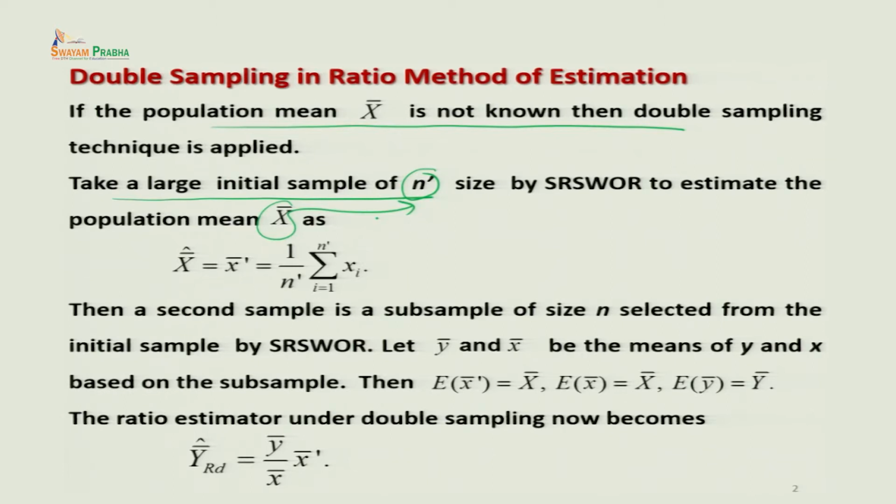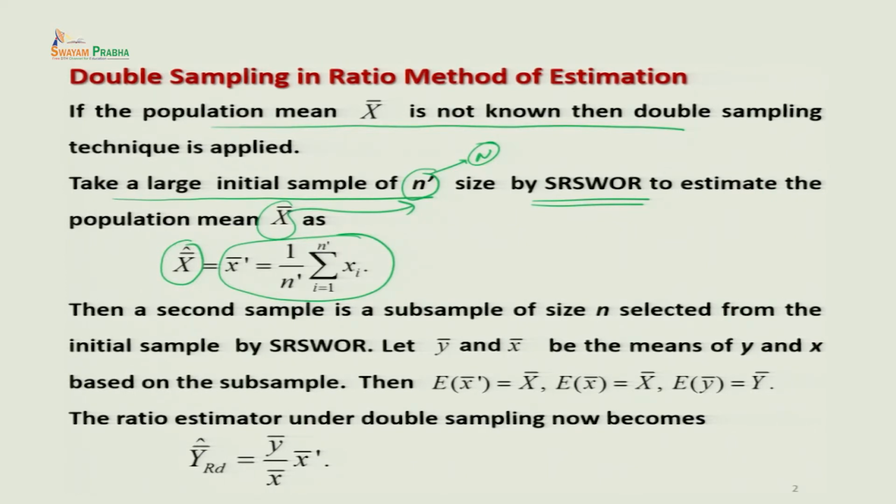Since we use simple random sampling to draw the sample of size n prime from the population of size capital N, the sample mean of these observations can be used, and this arithmetic mean becomes an unbiased estimator of the population mean capital X bar, indicated here as X bar hat.